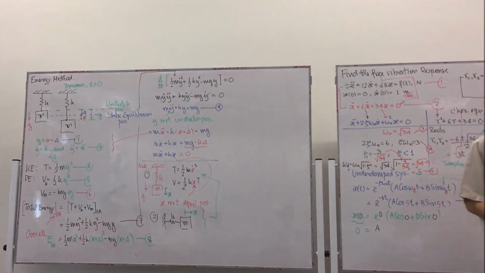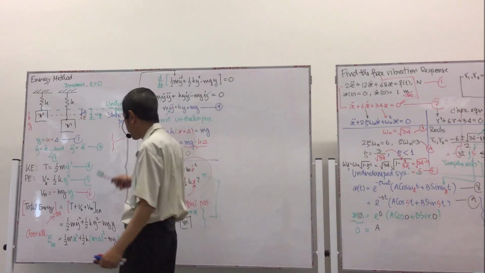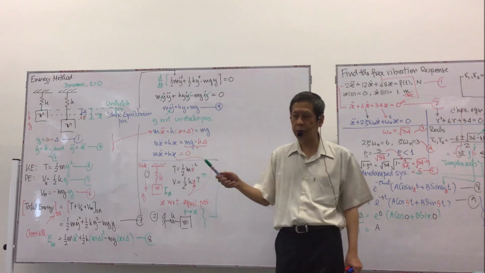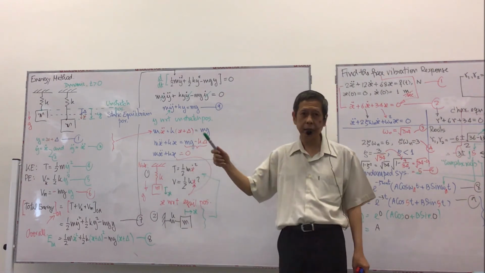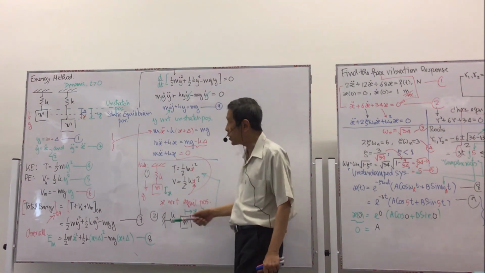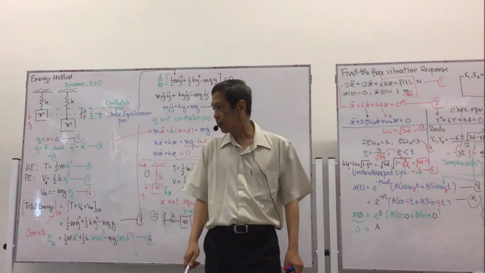That's another example to point out that in analyzing the energy for vibration or motion analysis, whenever we use the coordinate with respect to equilibrium, there is no need to include m g.